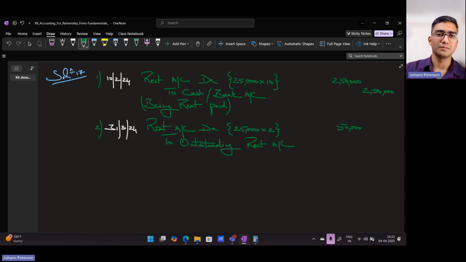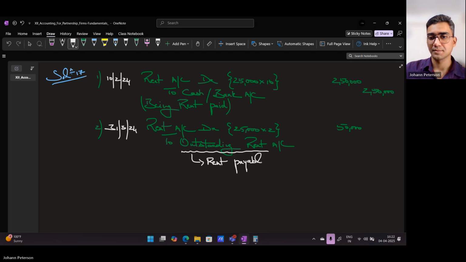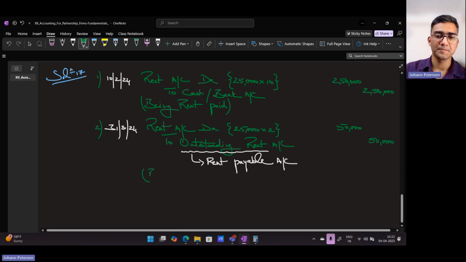Or we can also call this outstanding rent as rent payable account. Amount will be the same, 50,000. Narration being rent outstanding for 2 months.